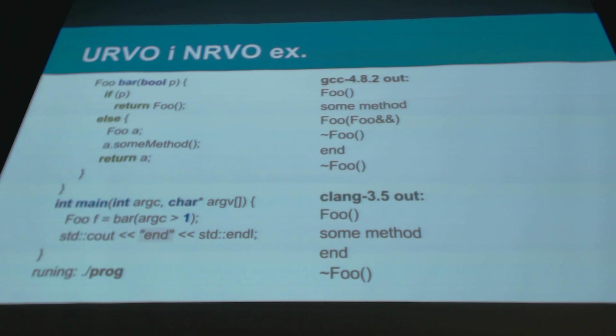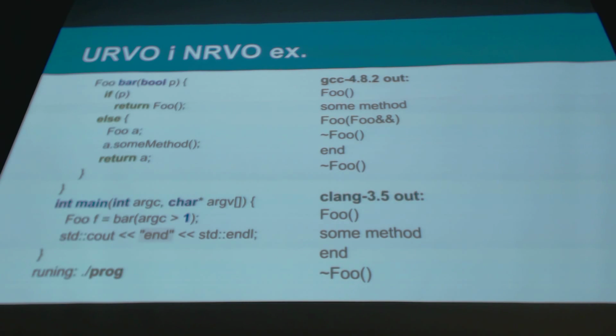Yay. As you see, it doesn't make any difference, because we are constructing foo, which is an unnamed object, but Clang sees that it could just construct the object before the if statement and then name it, right? It was like that in the previous example.